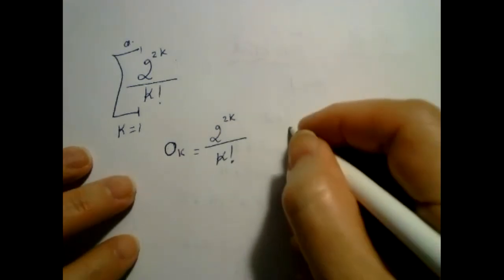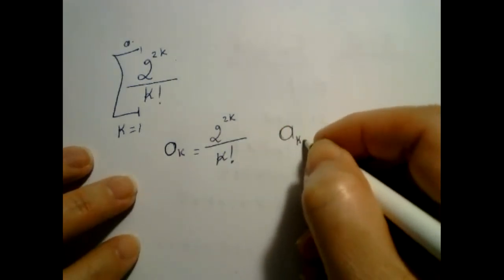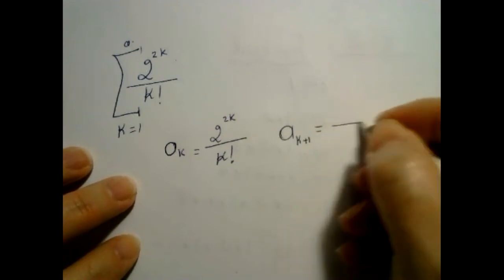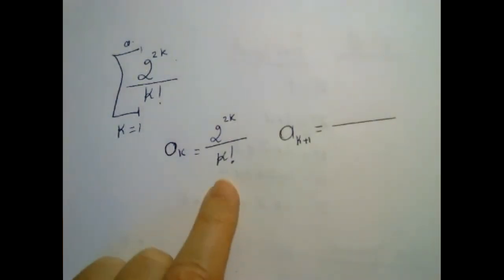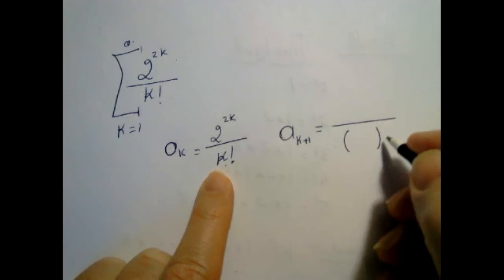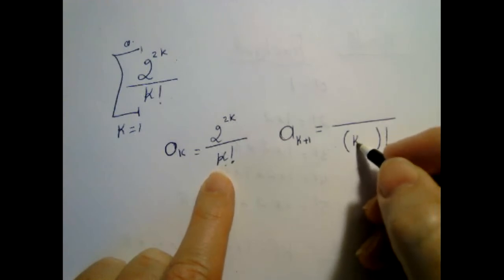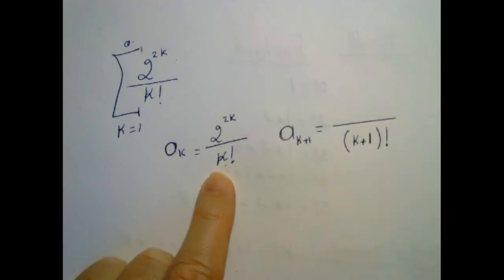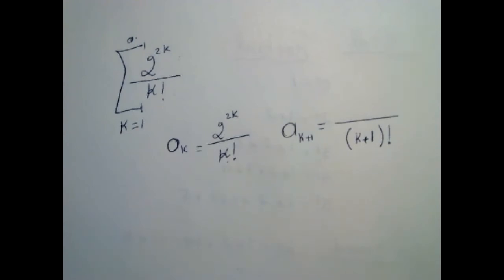Then immediately we say, what's the term that comes after? a_(k+1) is equal to what? All right, instead of k here, watch, I'm putting parentheses, it's k plus 1. So we have to be very careful with what we're doing. What about the numerator?